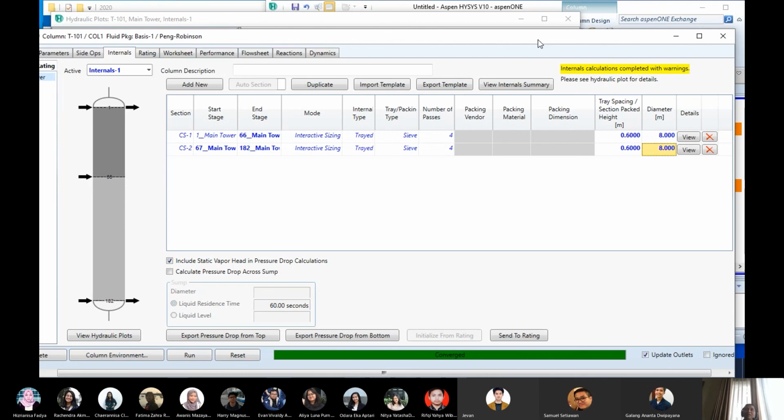So you cannot split the hydrodynamic and the performance separately. If you change the performance, it will also affect the hydrodynamic, and the hydrodynamic will correlate with the performance of the column. So again, these two things should be conducted in parallel.